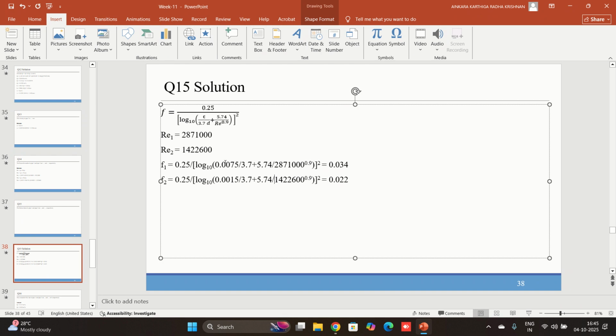So again this is 0.00075 divided by 3.7, plus 5.74 divided by 2871000 to the power of 0.9. That gives us this log.